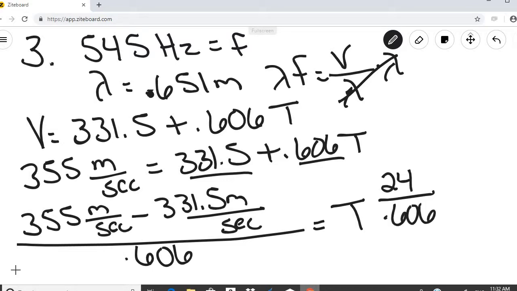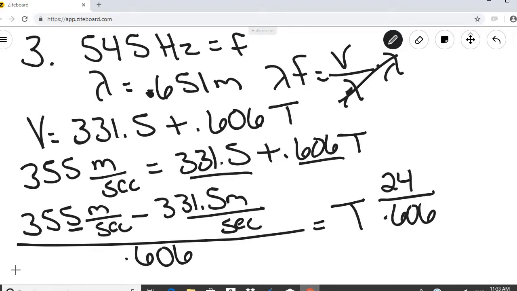I think this is going to be 24. Yeah, so you're going to get 23.5, but you can only go out to the ones place because you're subtracting there.